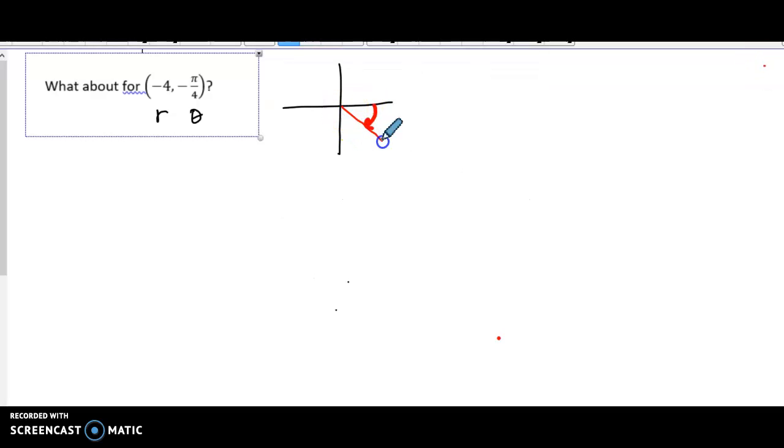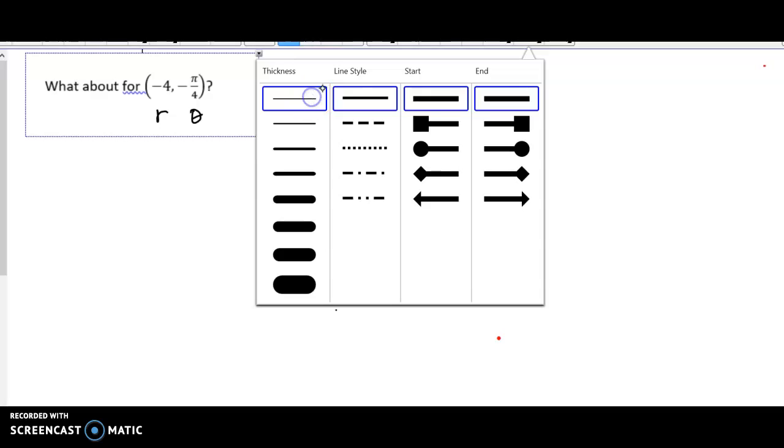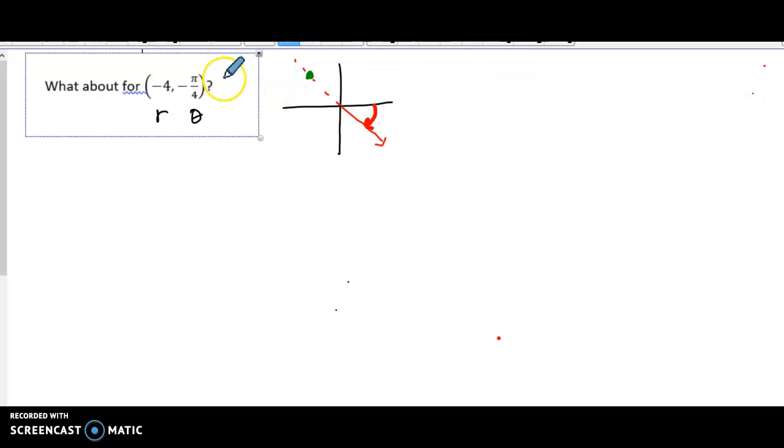But look at the r value. The r value is negative 4, so along this line, since it's negative 4, we actually have to go the opposite way. So it's over here. This is actually in quadrant 2, so your xy should be in quadrant 2.